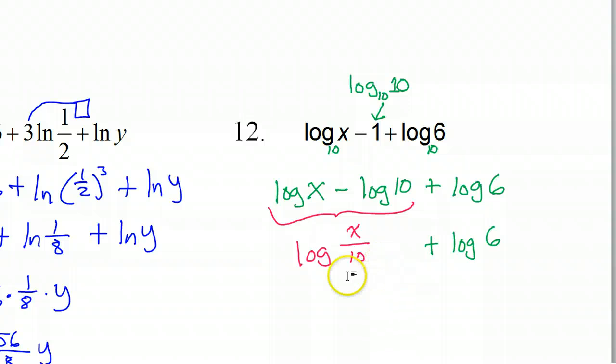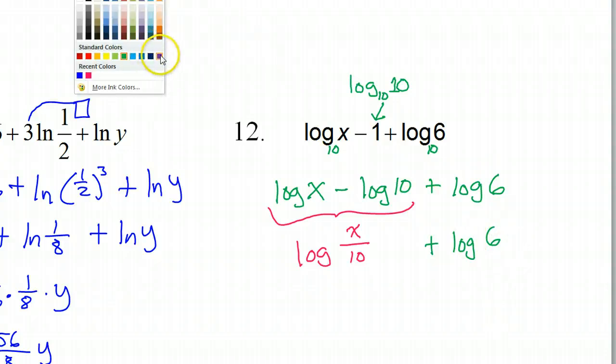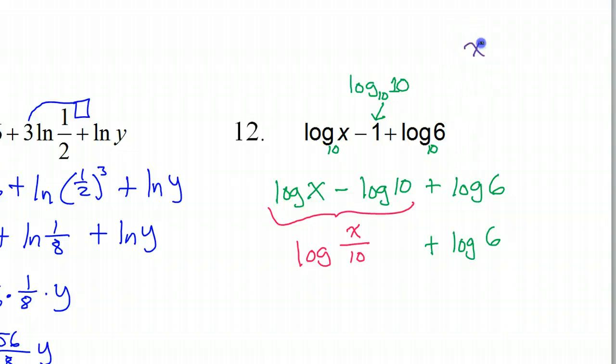So I need to write a single log, and I'm going to be doing x over 10 times 6. Look off to the side here. If I were to do x over 10 times 6, you know that's 6 over 1.